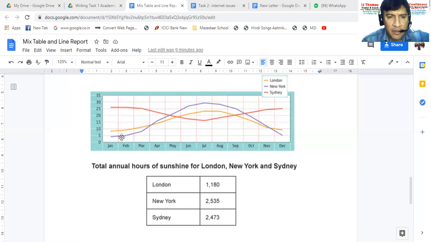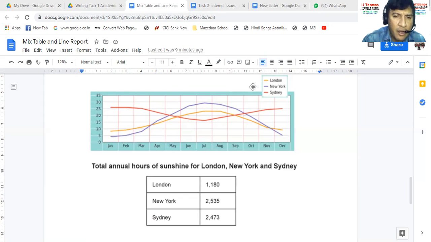So what you can say is it is observed that London and New York showed a similar bell curve, ठीक है? With highest temperatures in which month? In July. July ही था क्या highest? अगस्त में थोड़ा कम हो रहा है, right?